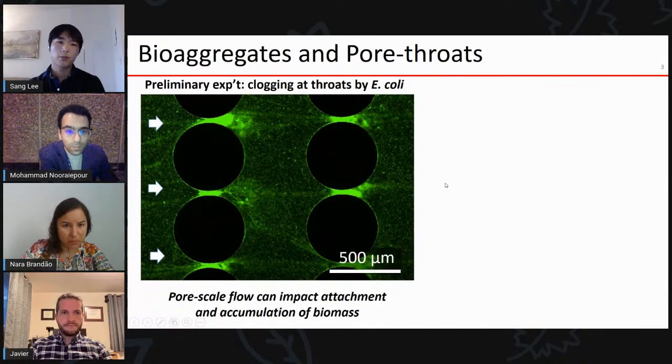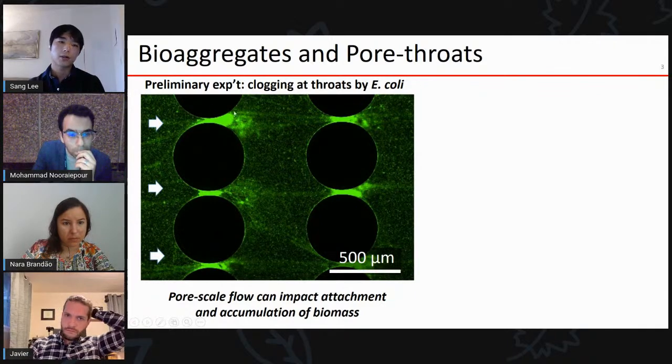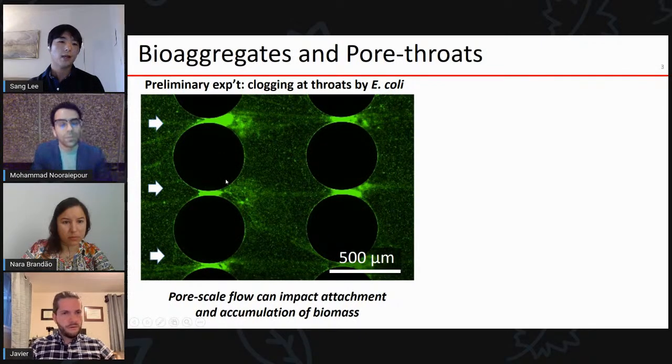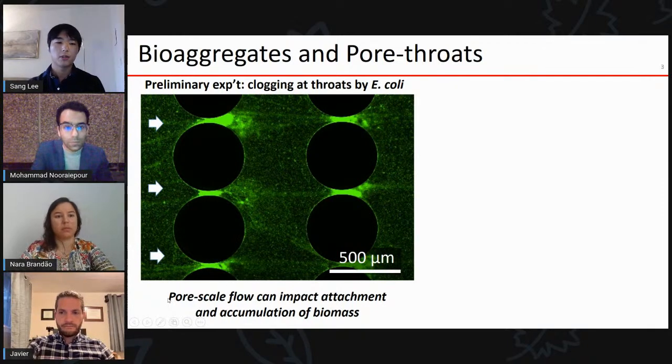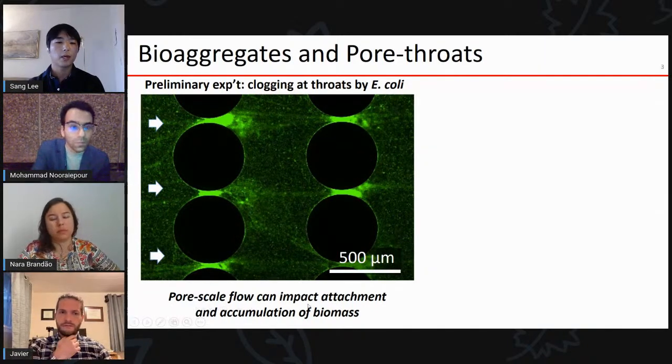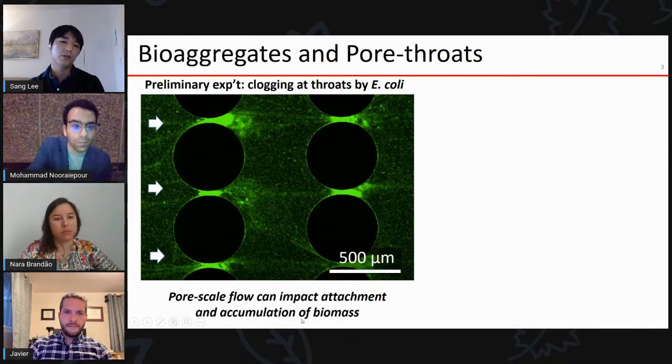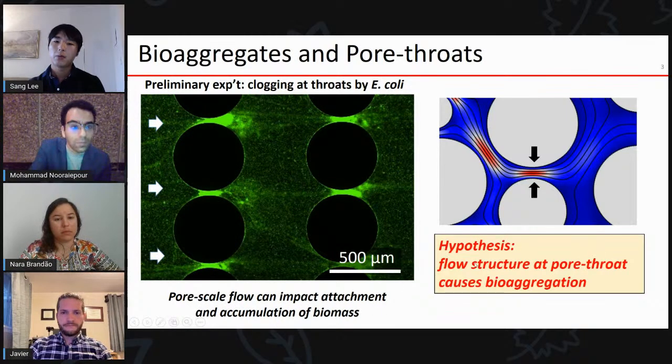And in our preliminary experiments with microfluidics with E. coli cells, we observed there was a preferential clogging at the pore throat regions of the chip. Considering that a significant amount of research has reported that pore-scale flow can impact attachment and accumulation of biomass, we hypothesized that there is a unique flow structure at the pore throat that causes such aggregation of cells.